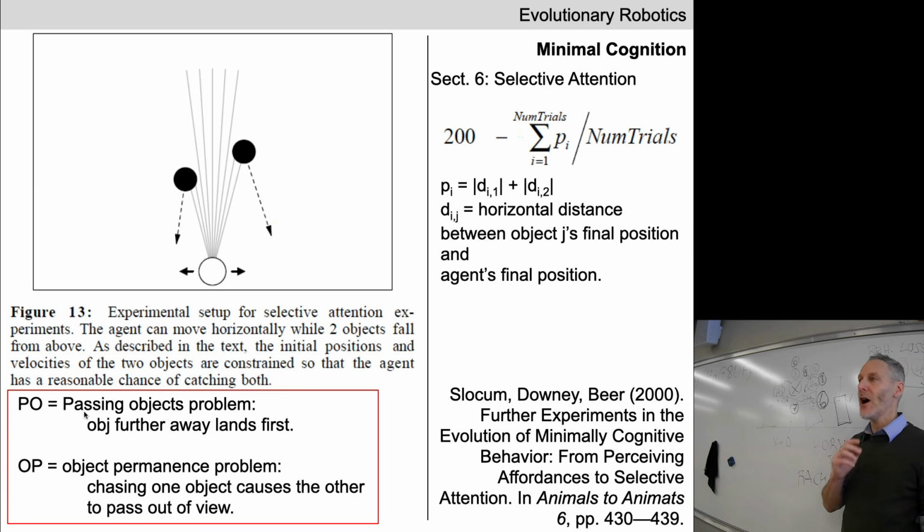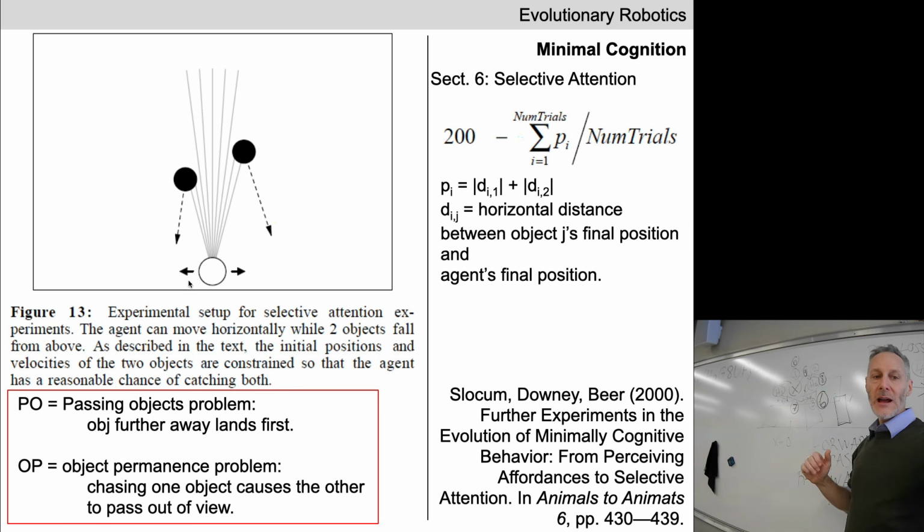There's the passing objects problem. It may be that the object that is initially further away from the agent is falling faster and therefore is going to hit first. So the agent has to possibly figure that out sooner rather than later, so it has enough time in this cartoon example to move to the right and capture the one that's initially further away, but it's going to pass this object and hit first.